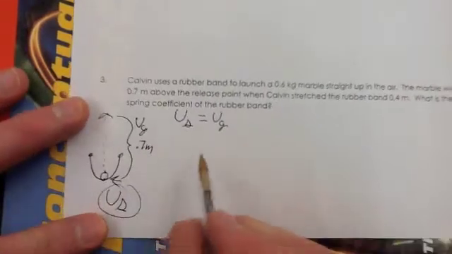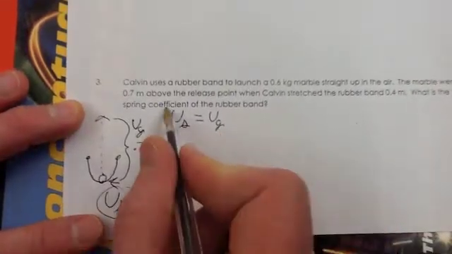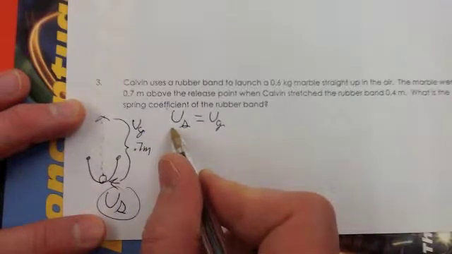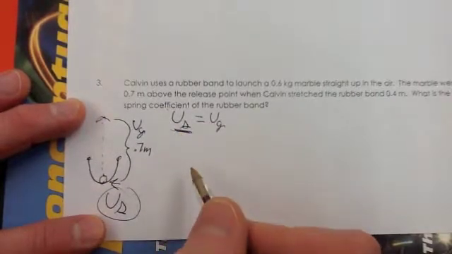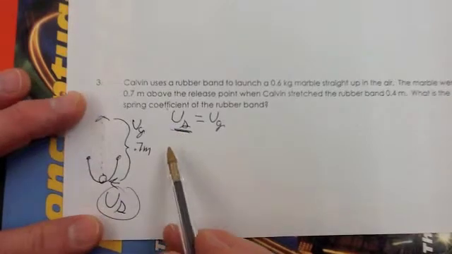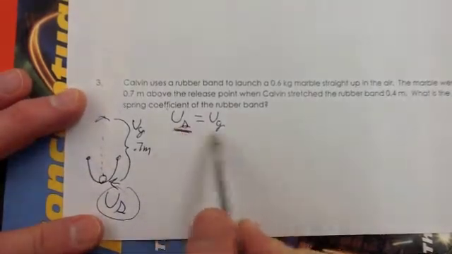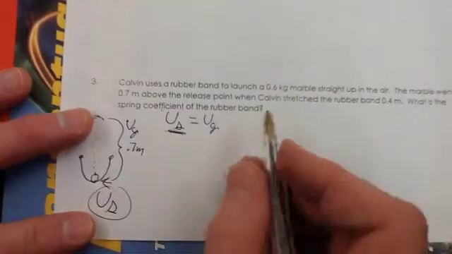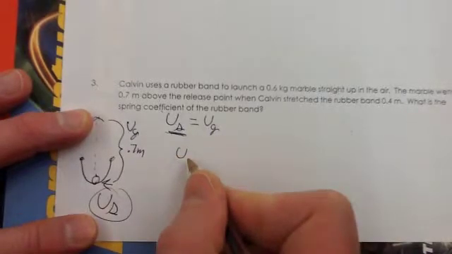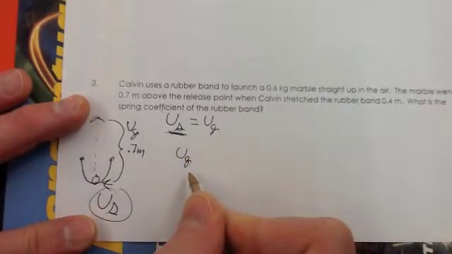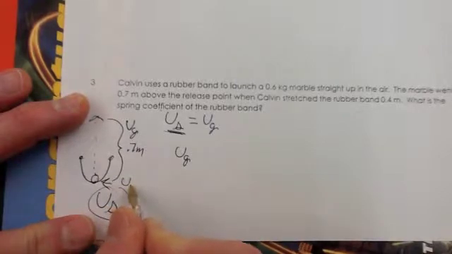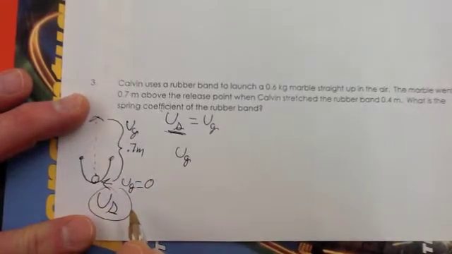So I need the spring coefficient before I can find the potential energy of the spring. Now, in the notebook, I just plug the formulas in and plug the numbers in. But we could just find what my potential energy is going to be, assuming that my UG is 0 at the beginning.